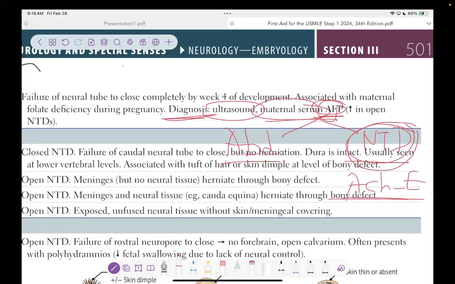So whenever you see a neurotransmitter with alpha fetoprotein, you know that somewhere is defective, somewhere is open. And acetylcholinesterase helps you to localize where it is open, because acetylcholine is coming from neural tissue. So you know that this alpha fetoprotein is coming from the back of the baby, which is the spinal cord. So the patient has a neural tube defect, not an abdominal wall defect.